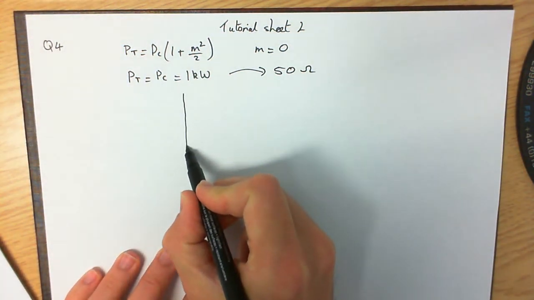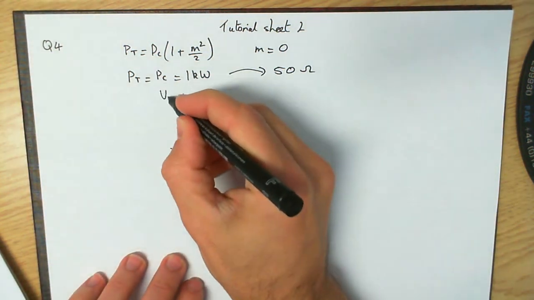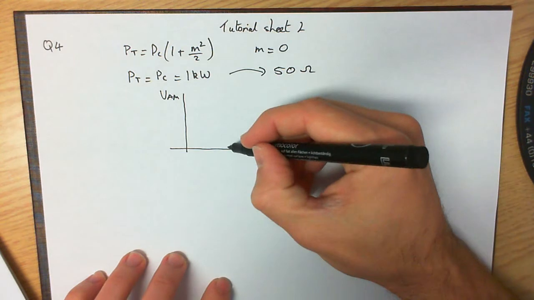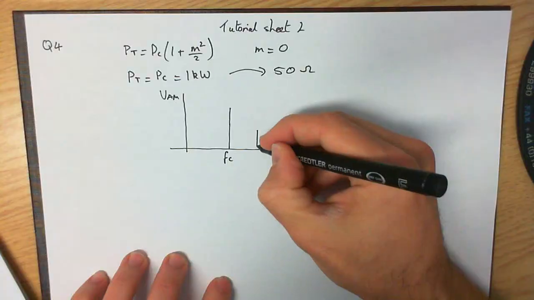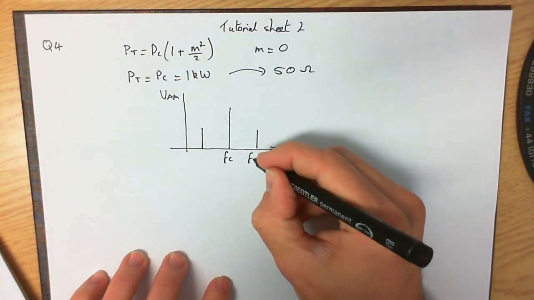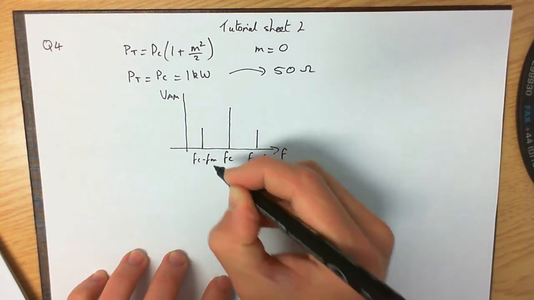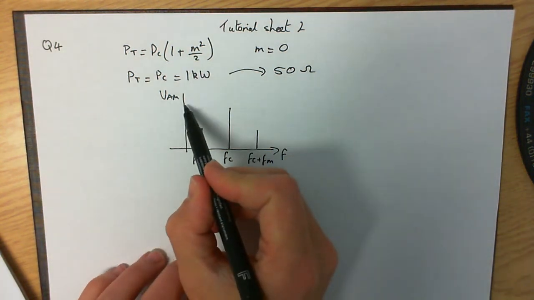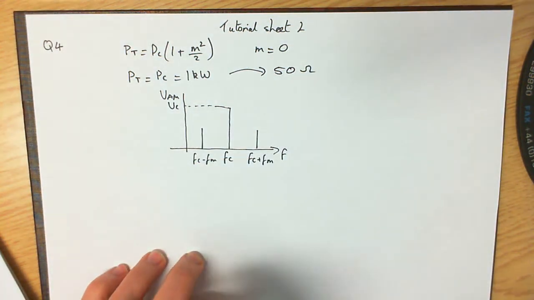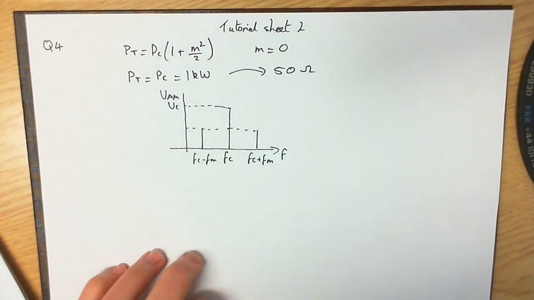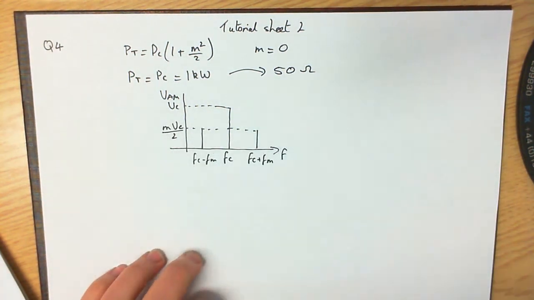Well, if we look at the frequency spectrum of an AM signal, we know that we're going to get a carrier component at the carrier frequency, and we're going to get two sidebands, one at FC plus FM and one at FC minus FM. The amplitude of the carrier is very simply VC, and the amplitude of the sidebands is MVC over 2.